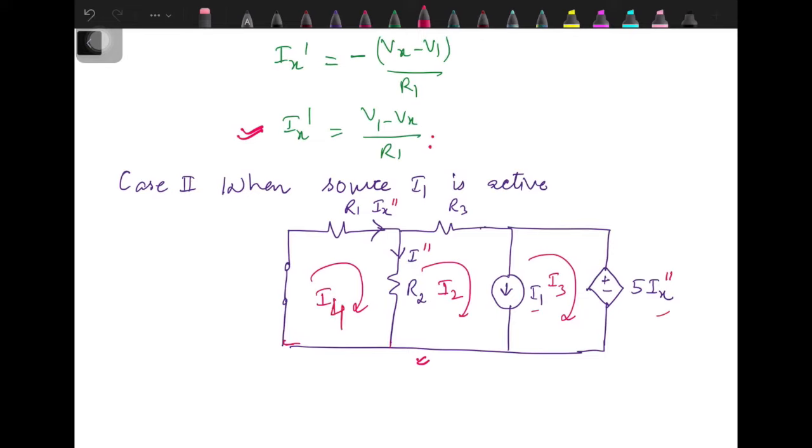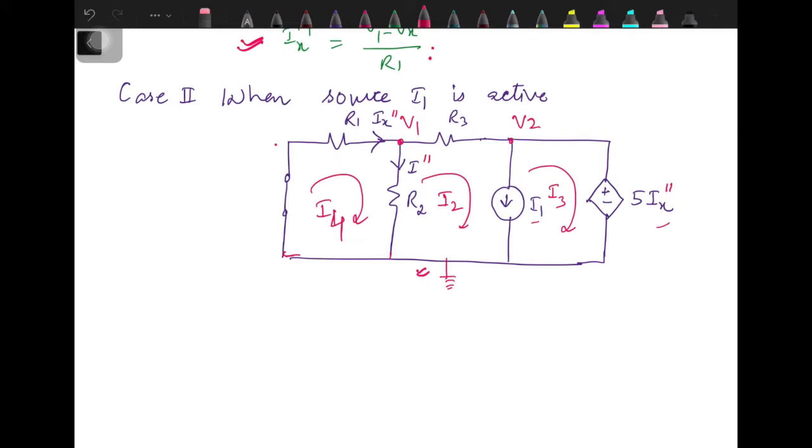So we have to write the first mesh equation, then the second and third should be combined together since we have a current source common between mesh 2 and 3. And if we go with nodal analysis, then we will have two equations. So you have your own choice how you want to write.